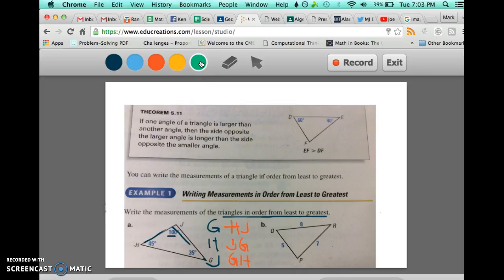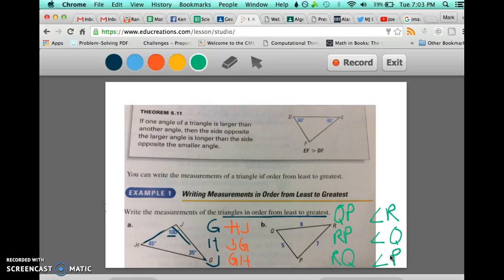So here, we know the sides, least to greatest, are QP is the shortest, then RP, and then finally RQ. But now we know also, without knowing the measurements, the smallest angle therefore must be angle R. The medium angle has to be angle Q, and the biggest angle has to be angle P.